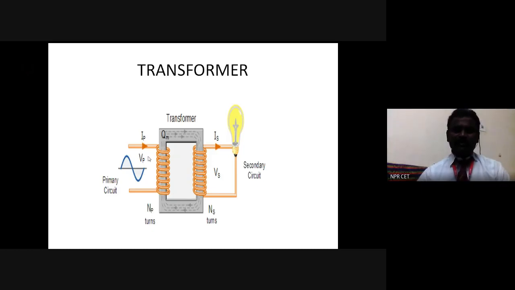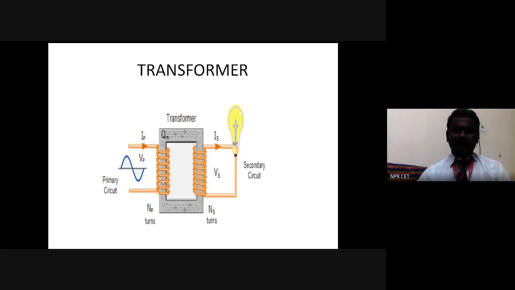The primary winding is the winding to which the input supply voltage is applied. Similarly, the secondary winding is the winding which is connected across the load.